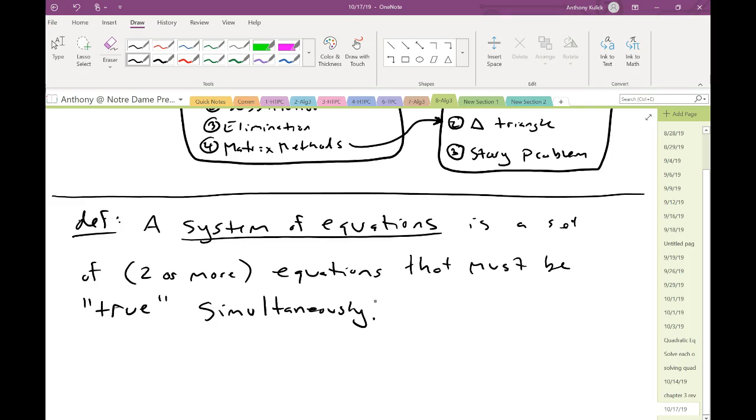We say that a system of equations is a set of two or more equations that have to be true simultaneously.